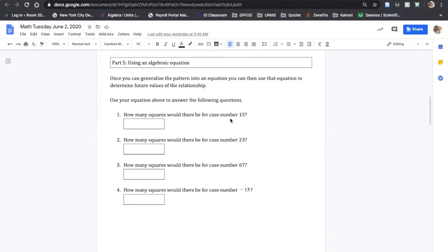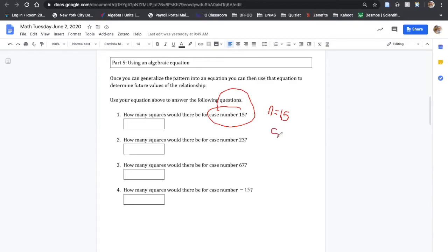But the idea is if you were doing this for something that was a little bit more complex, I'll show you how that would work. We would say, okay, so case number 15, that pen is really weird right now. Case number 15 would tell us that N is my case number, so N equals 15.